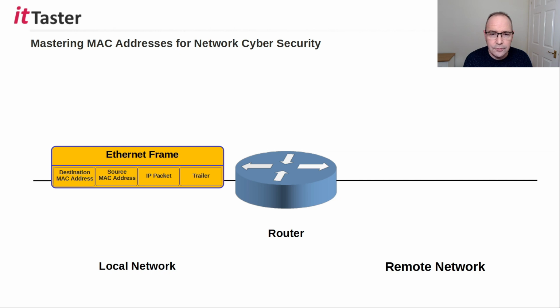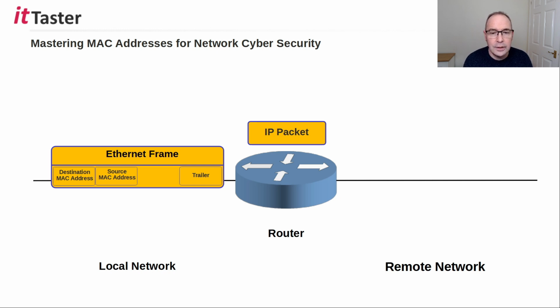The router receives the frame on its interface connected to the local network. The router then unpacks the frame to examine the IP packet packaged within. And this is so it can determine where to send it based on the packet's destination IP address.